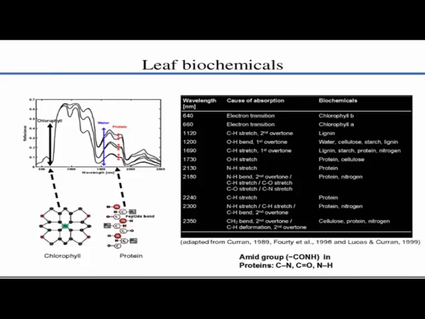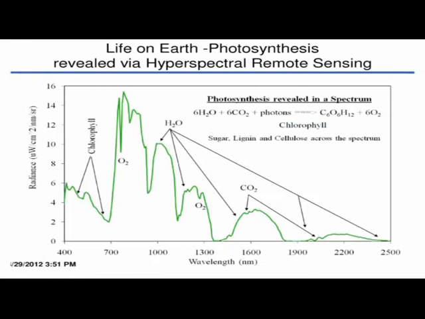You are also able to quantify proteins, starch, cellulose, lignin. You name any parameter that a physiologist or biochemist looks at, and you can quantify it using hyperspectral remote sensing. That's what it says, and we'll subsequently discuss how this technique can be used to quantify those parameters.